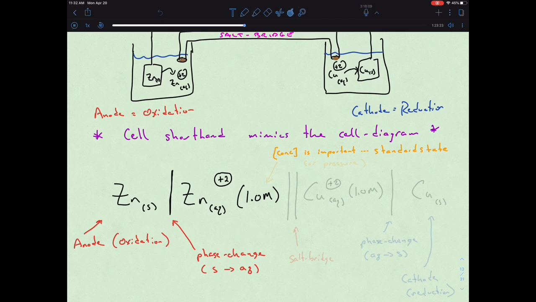So we often put in those concentrations or pressures. So now we've taken care of essentially the anode side of things. Now we're going to the cathode side of the equation.